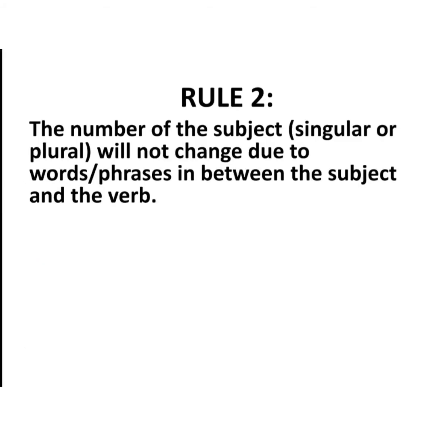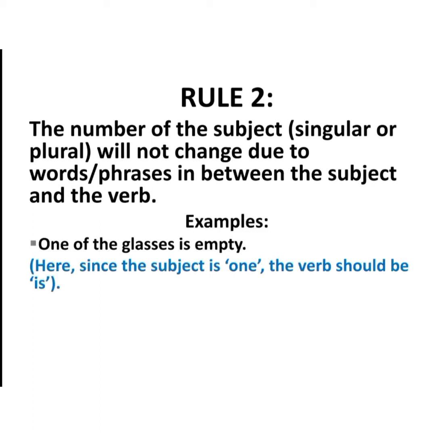The number of the subject, that is singular or plural, will not change due to the words or phrases in between the subject and the verb. Now, what does this mean? Let us look at these examples. One of the glasses is empty.